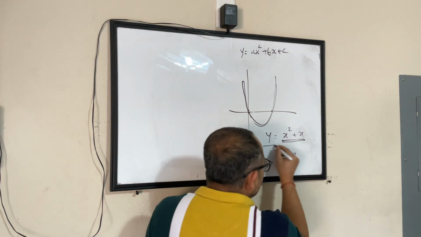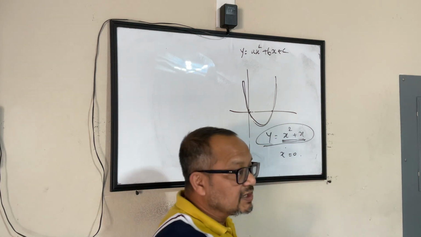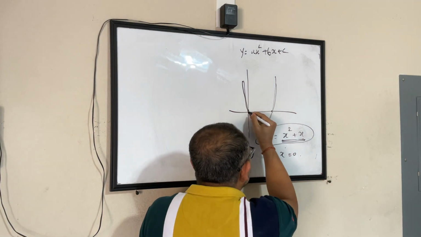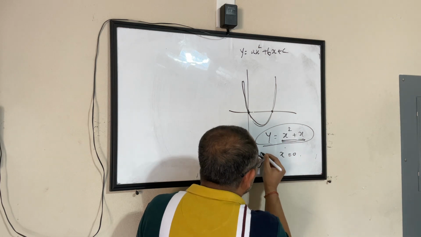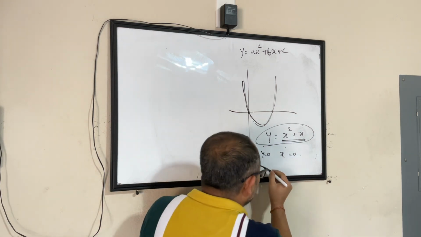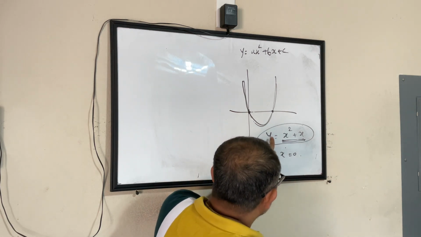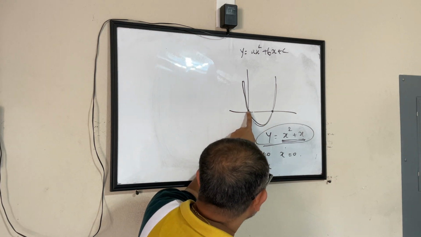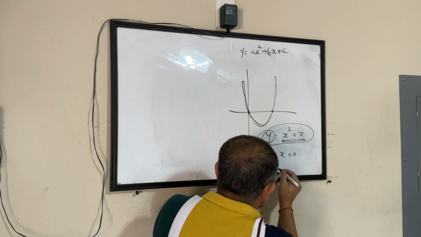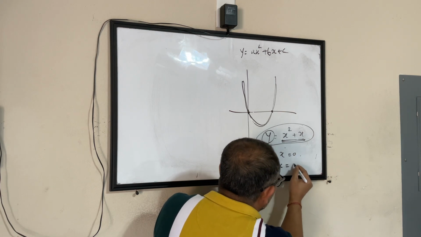Similarly, if you have to find the x-intercept, meaning where it touches the x-axis, your y value has to be 0, and that is what you will always solve for. So x squared plus x becomes 0.